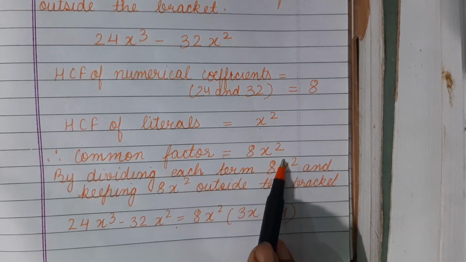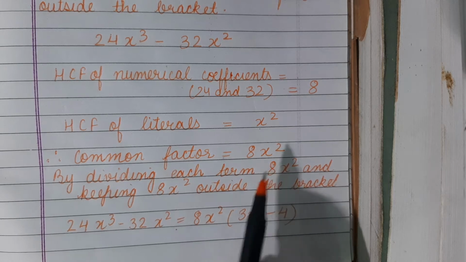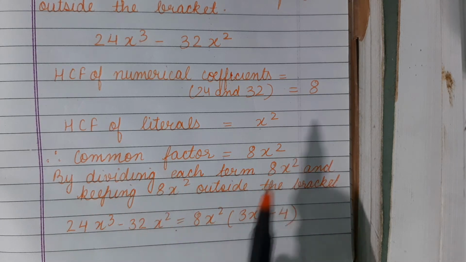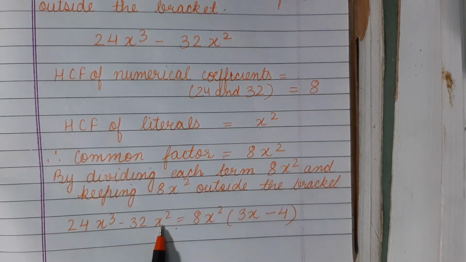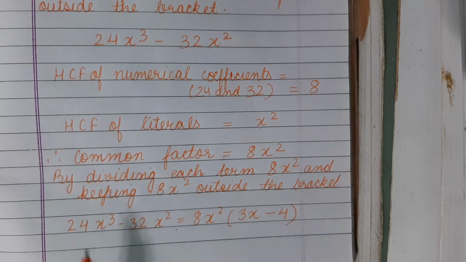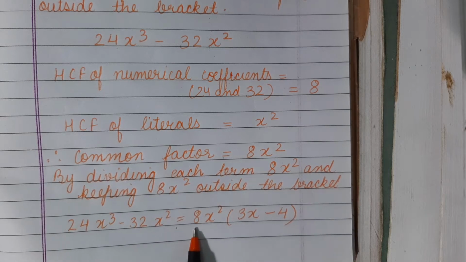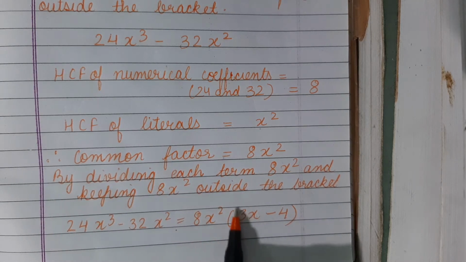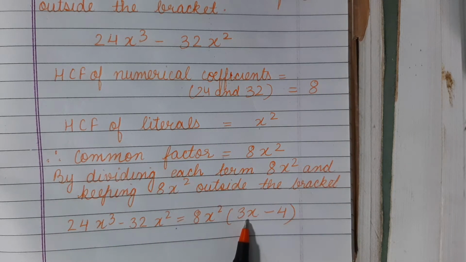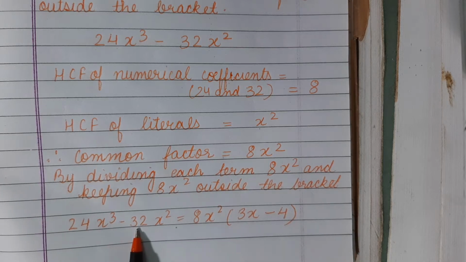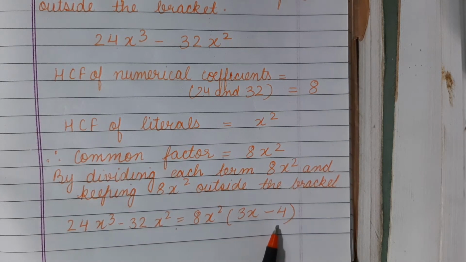to 8x square. Now according to the rule, we have to divide both the terms by 8x square. We keep 8x square outside the bracket, and when we divide 24x cube by 8x square, in the bracket we get 3x, and when we divide 32x square by 8x square, we get minus 4.